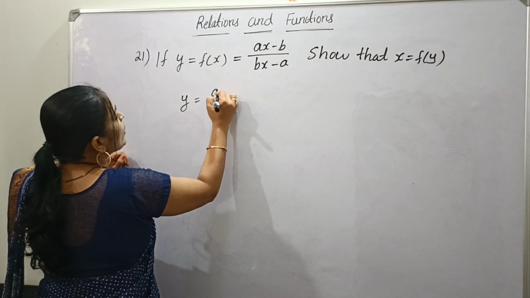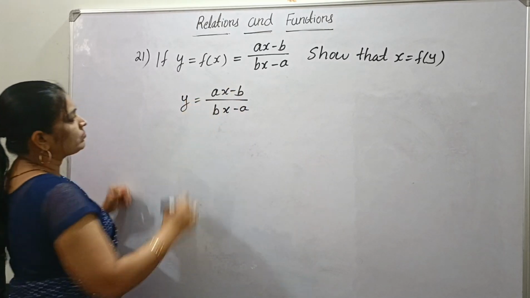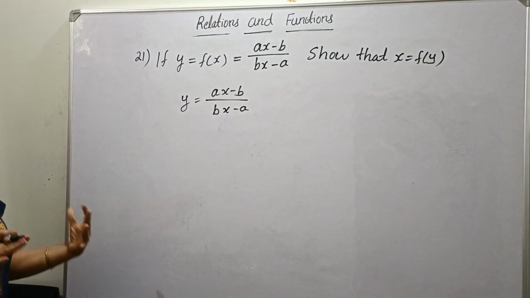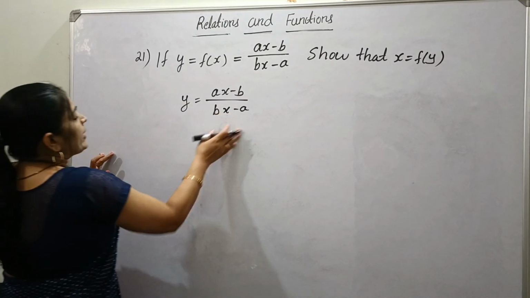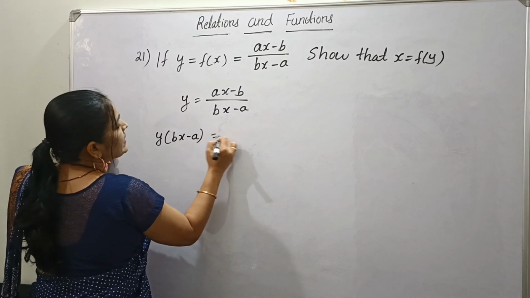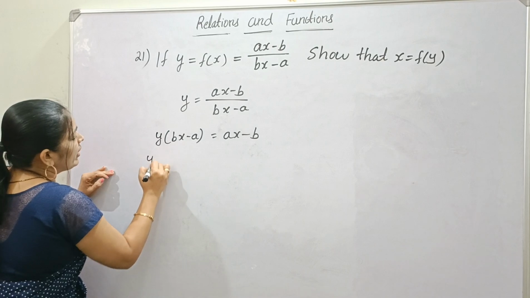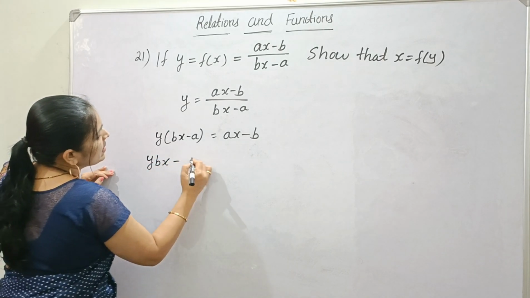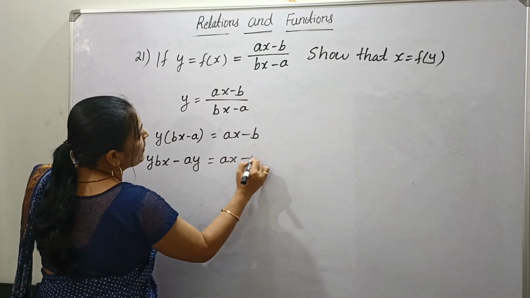Y is equal to ax minus b divided by bx minus a. Let us simplify this one so that you will get it in the form of x is equal to. By cross multiplication, y into bx minus a, that is equal to ax minus b. So here ybx minus ay is equal to ax minus b.